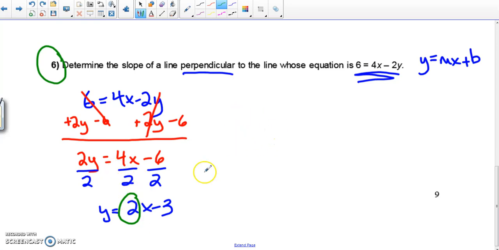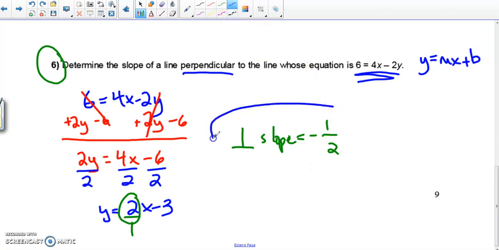So if the slope of this line is 2, we can also write that as 2 over 1, if that helps you see it. So a perpendicular slope would be, we flip it upside down, so we take the reciprocal, and we change the sign. So since this is already positive, we're going to change the slope to negative. Okay? So there's our perpendicular slope of that line.